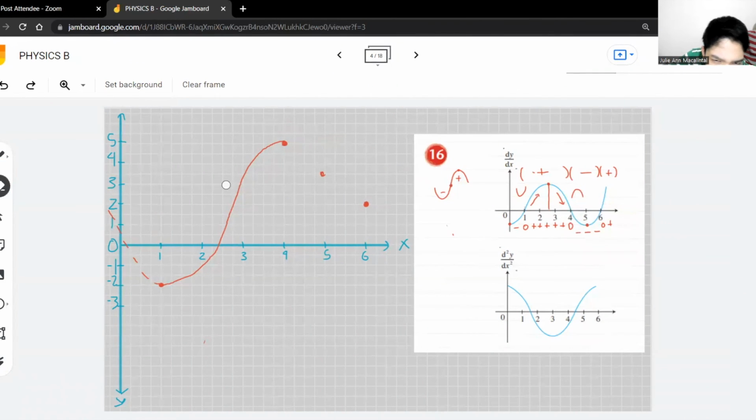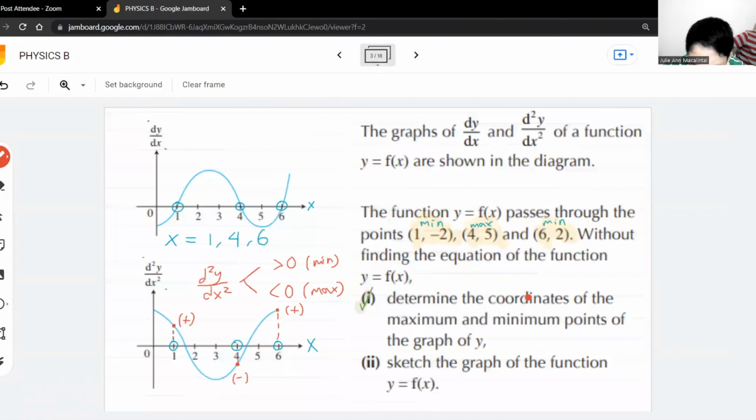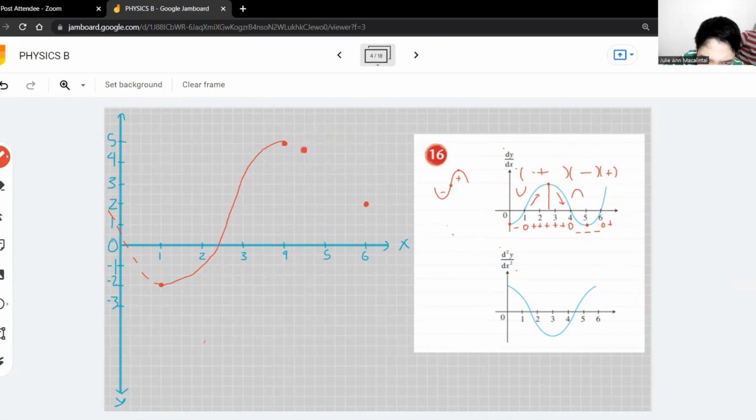I don't know why, because it is asked in the problem without finding the equation of the function y equals f of x. So I have no clue where the inflection point occurs, or if that's even 5.